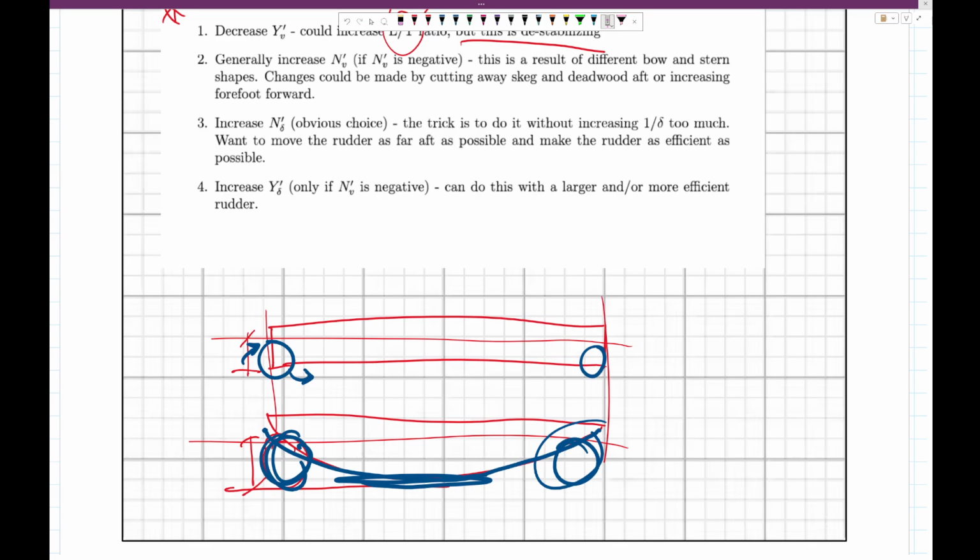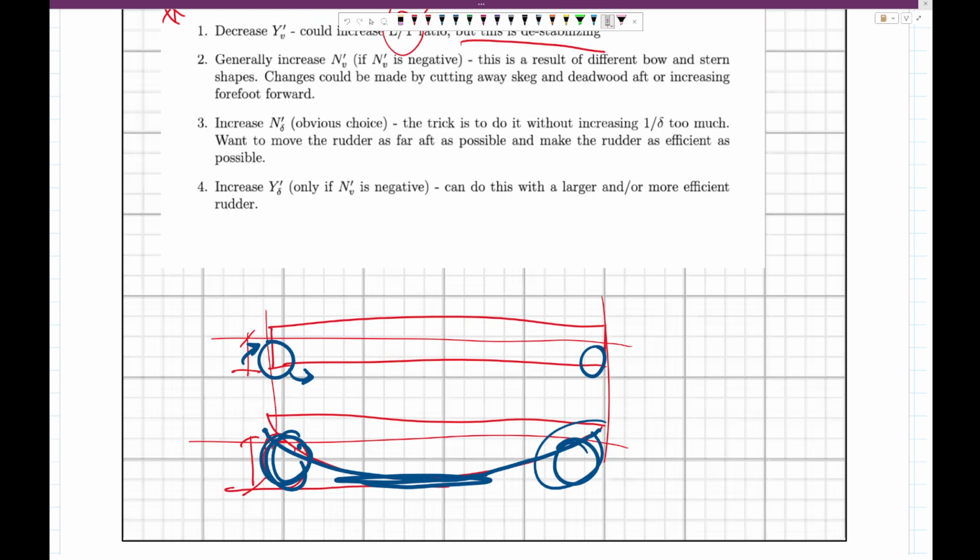This isn't, I would say, a great strategy, as some of your resistances are going to be affected, particularly your pressure difference. Your viscous pressure resistance is obviously going to be a bit worse. So I won't rely on this one too much, and making your boat a little bit wider for that to occur is going to have a bunch of negative effects.